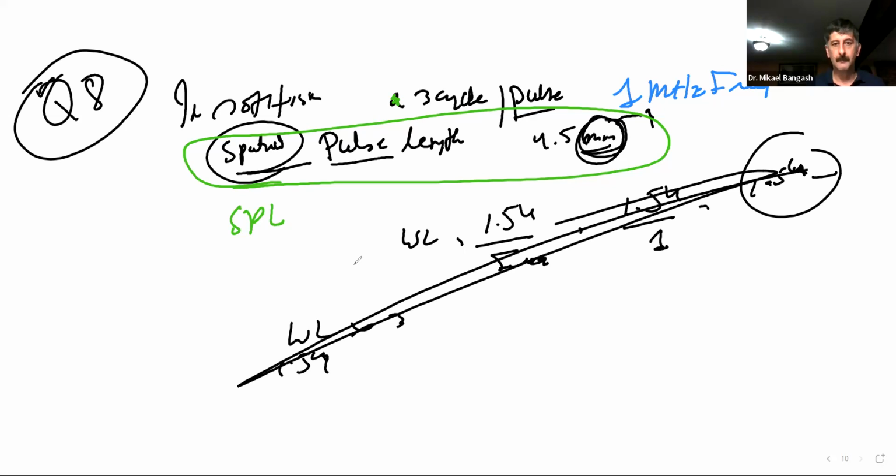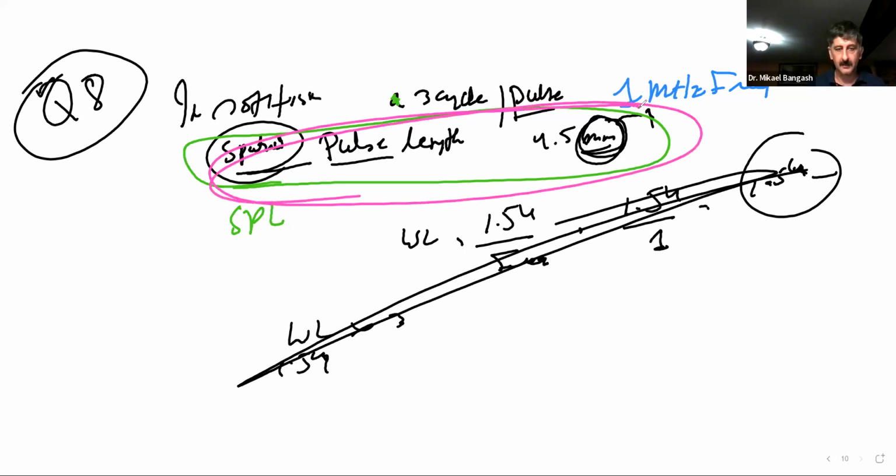No. Because your spatial pulse length is directly, or in a little tricky way, given to you in the question. The main thing you need to know is what to do with this spatial pulse length.